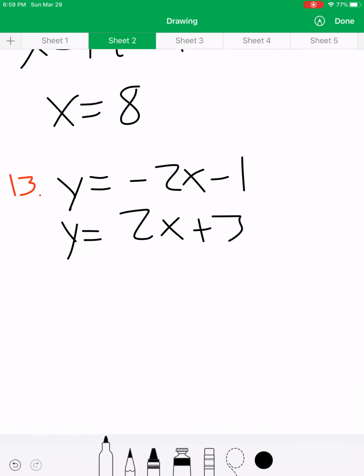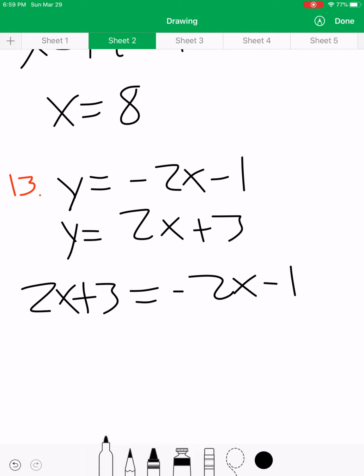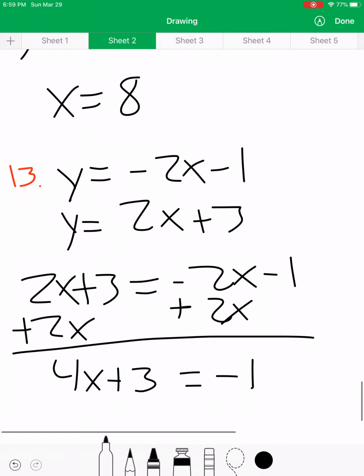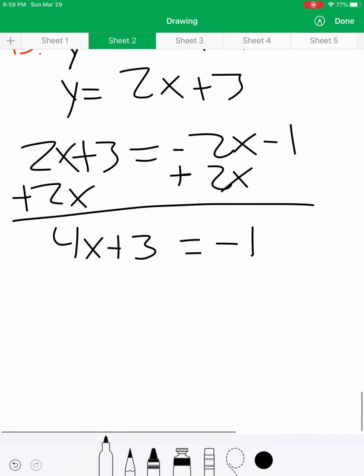So I'm going to choose to do 2x plus 3 equals negative 2x minus 1. I want my variable to remain positive, so I'm going to move the 2x on the right side by adding 2x. I'm left with 4x plus 3 equals negative 1.